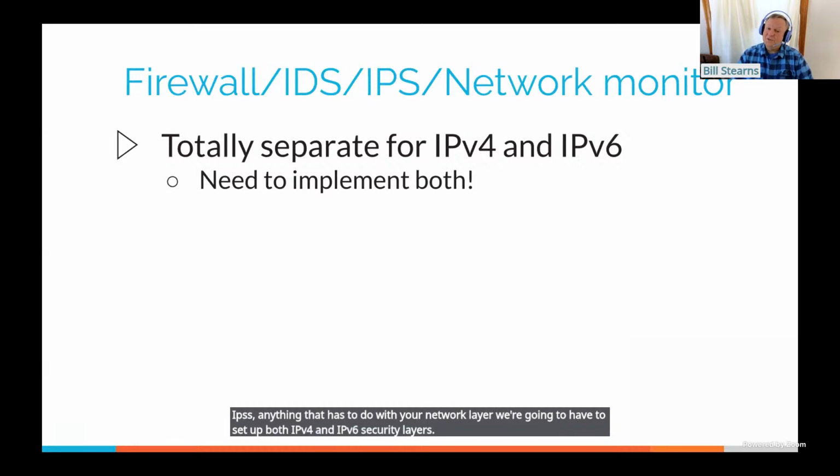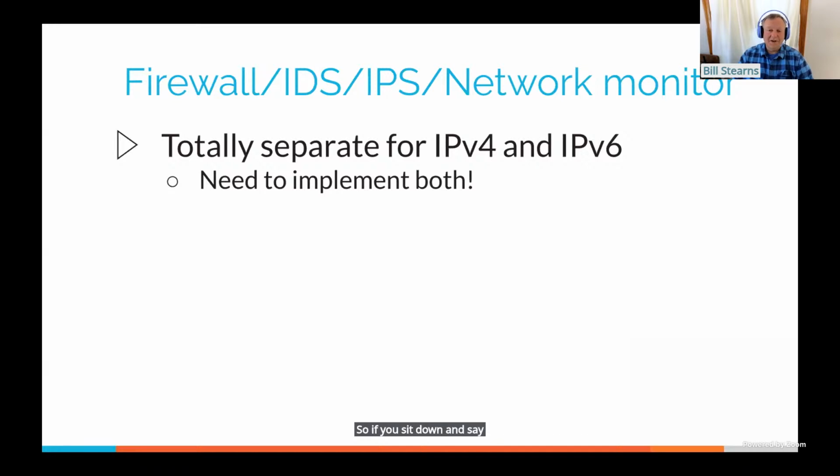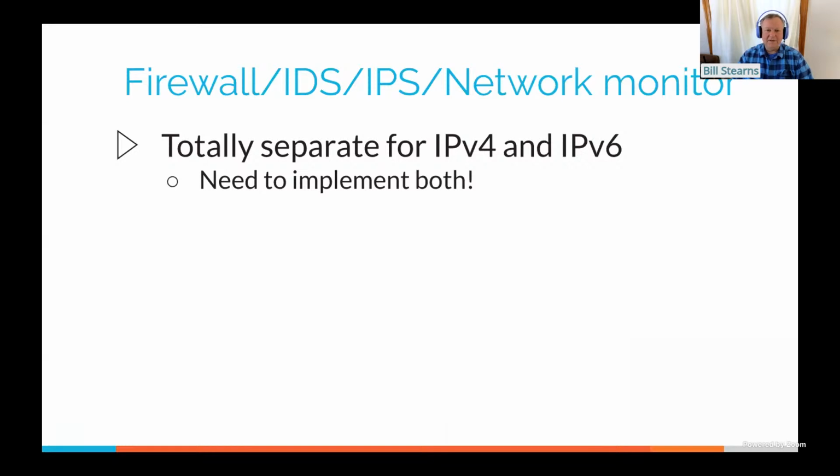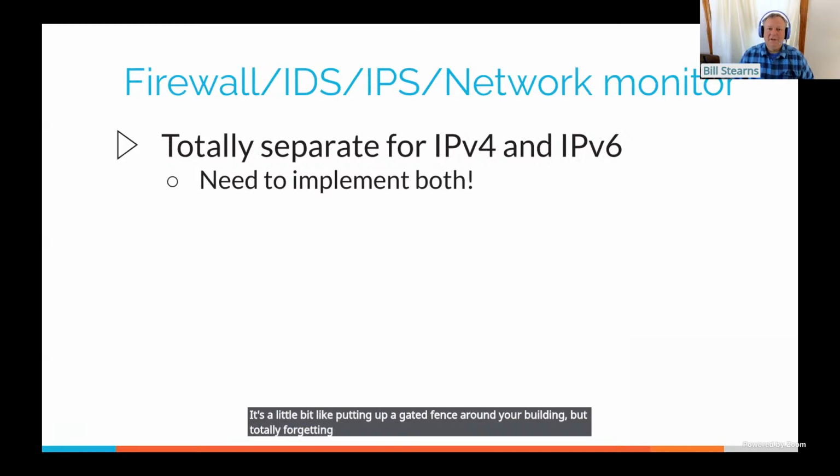So if you sit down and say, I just wrote this wonderful firewall for IPv4 that protects all of my internal systems, and then you forgot to put in a firewall for IPv6, it's a little bit like putting up a gated fence around your building, but totally forgetting to put up two of the walls that would protect you from the outside world and assuming that nobody would ever try to walk through those. You have to set up both.